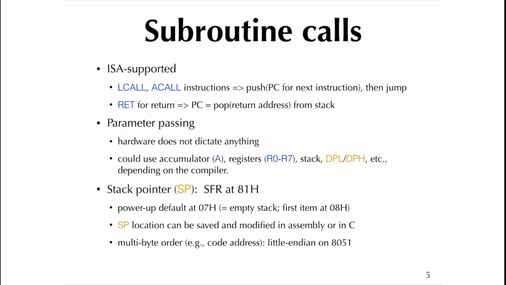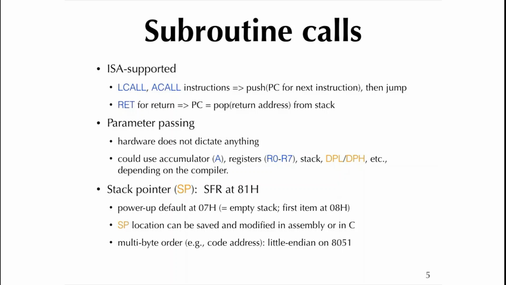Heap is really for dynamic memory allocation, but globals, right? If you're not careful, the stack can certainly overflow or underflow, so you have to be very careful. Now, this SP location can be saved and modified just like any other register. That's easy, but you have to know what you're doing.